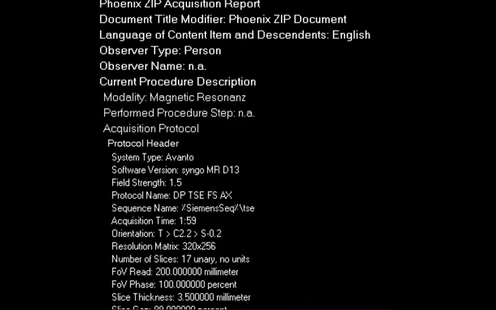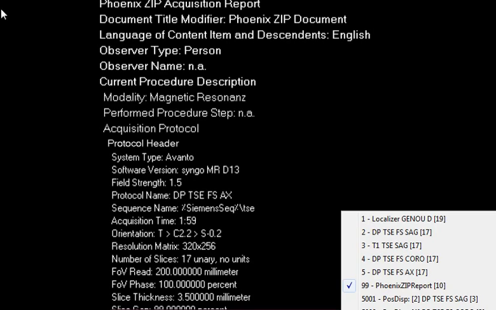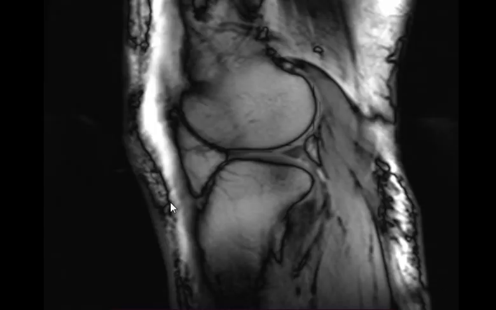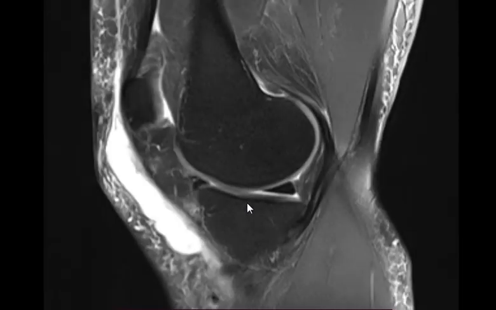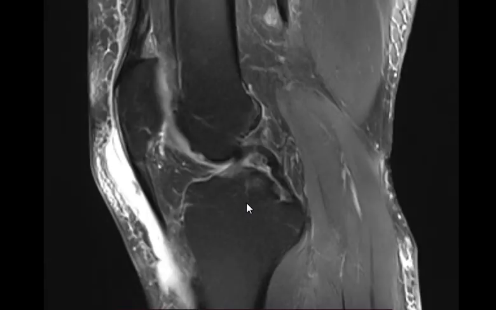This is an MRI of a 40 years old male patient, post trauma. This is sagittal proton density fat sat.